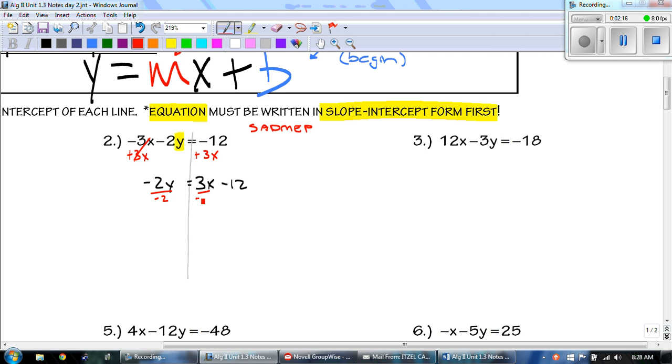And now to get the y by itself, I need to divide, and I need to divide everything. So we get y equals -3/2x, and then a negative divided by negative makes that a +6. So now that my y is by itself, I can see that my slope is -3/2, and my y-intercept is (0, 6).